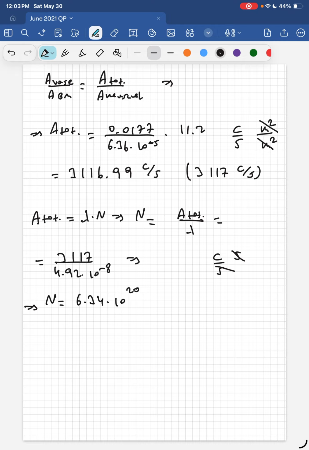What is the mass of those nuclei? So the mass is going to be equal to n times the mass of one uranium atom. So 6.34 times 10 to the 20 times 238 times 1.66 times 10 to the negative 27, which is the mass of one atomic mass unit.